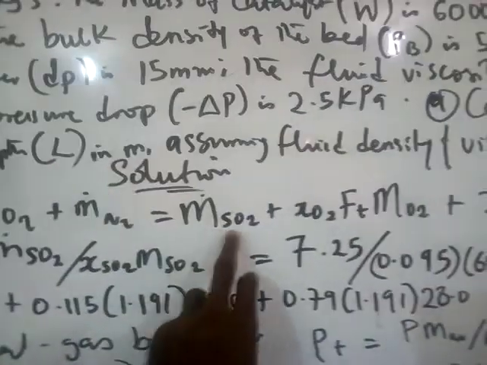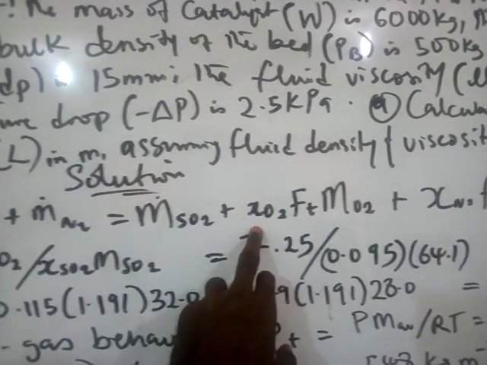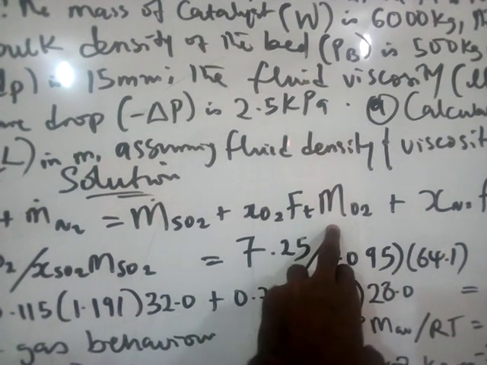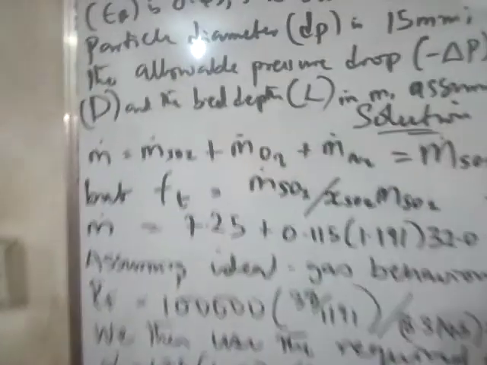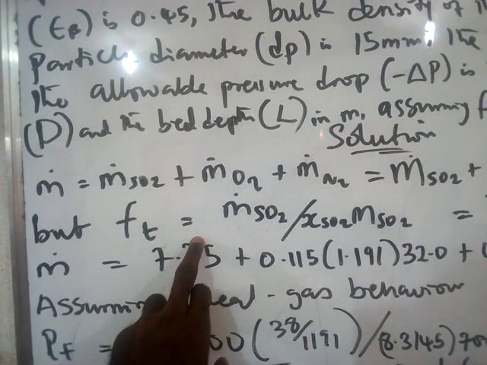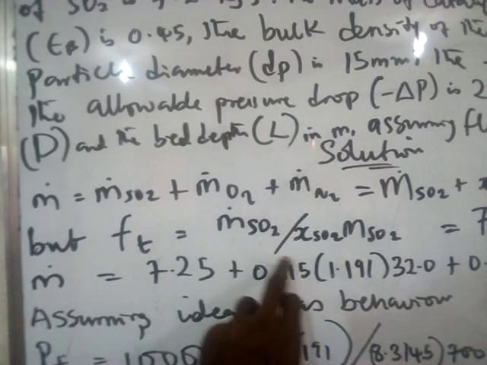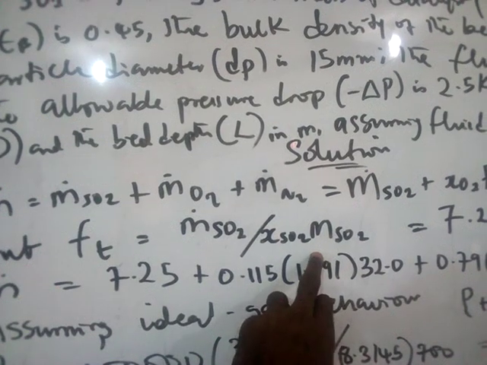Another way you can express this is by saying mass flow rate of O2 is the same thing as mole fraction of O2 times the total feed flow rate times molar mass of O2, which is the same for N2 too. But we already know that total flow rate is the same thing as mass flow rate of one of them, say SO2, all over its mole fraction times its molecular weight.